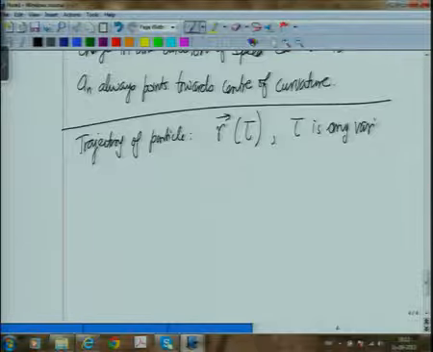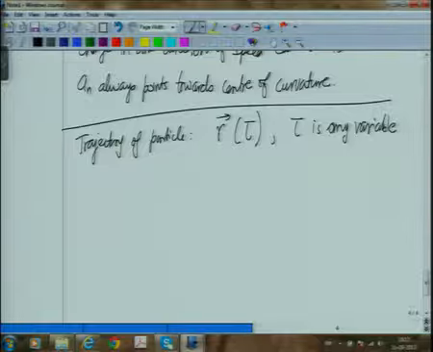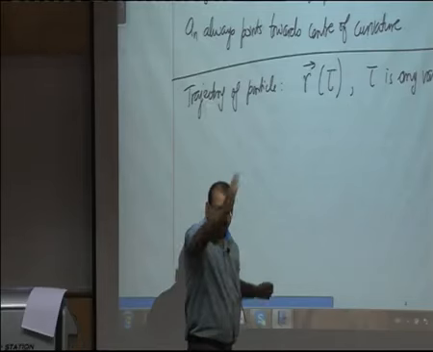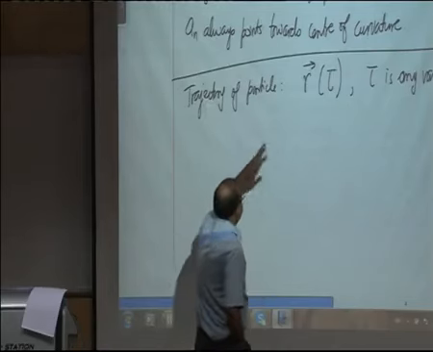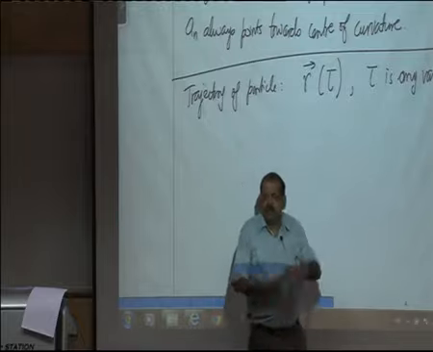It could be time. If I know position vector r as a function of time, then obviously I'll know the trajectory. But instead of time, maybe I know r as a function of, let's say, the x coordinate or y coordinate, any one coordinate, or some other variable. When we talk of various coordinates, it could be a function of theta. So r is a function of tau, which could be any variable.